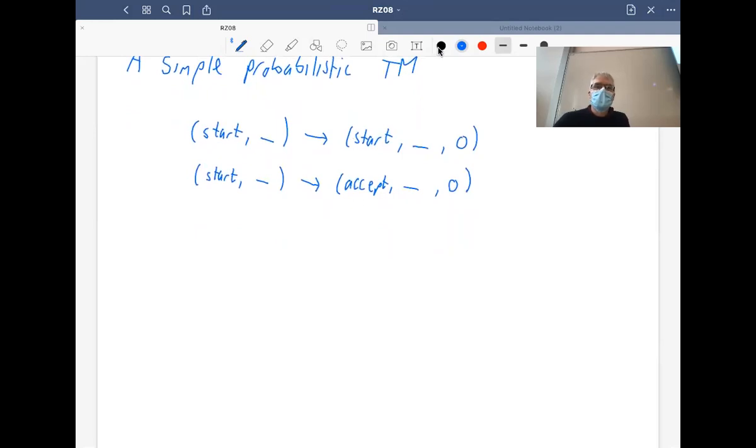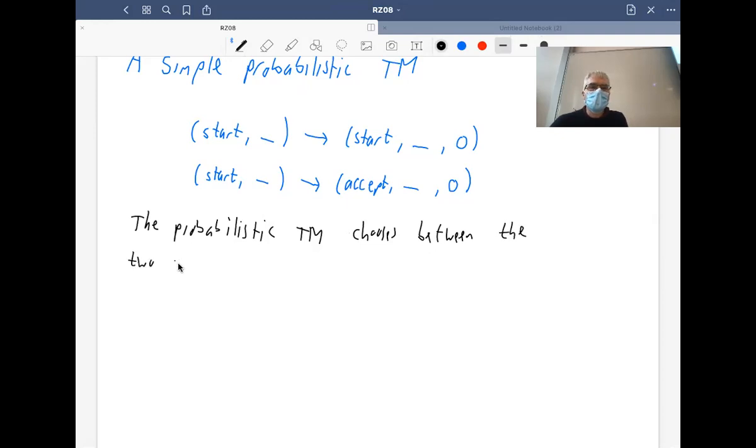So the probabilistic Turing machine chooses between the two possible transitions by tossing a fair coin.